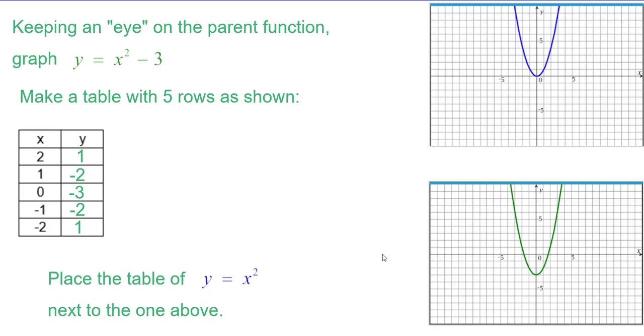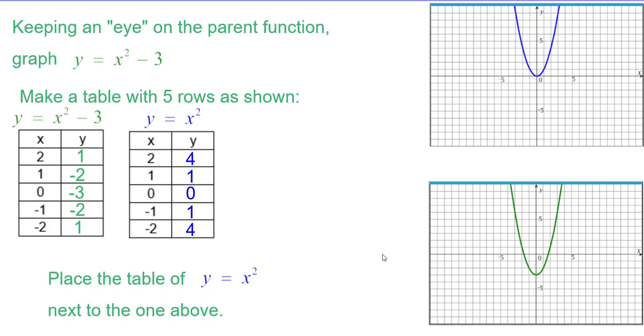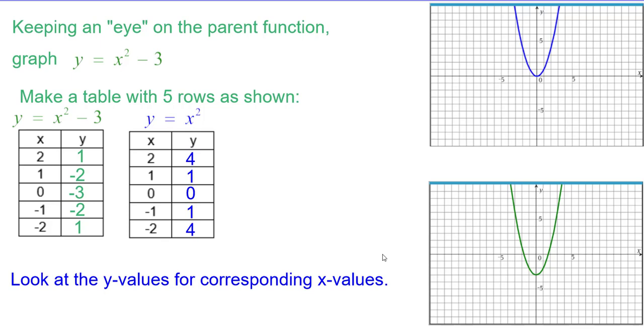I'd also like you to place a table of y equals x squared next to that one. So press pause and continue when ready. So this is our y equals x squared table. And I'd like you to look at the y values for corresponding values of x. So for example, when x is 2, look at the y values.